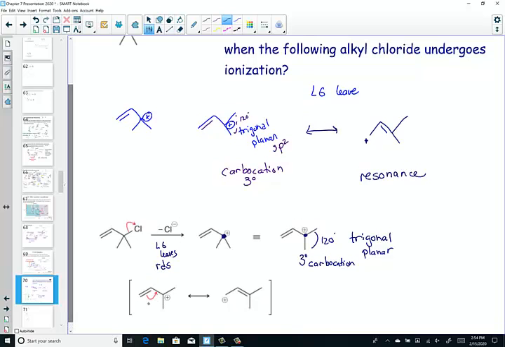But we also mentioned that because this positive charge can be distributed across a pi bond, it exhibits resonance. It meets the criteria of resonance structures as well. The pi bond can be delocalized, moving the positive charge to the terminal carbon and placing the pi bond between carbon 2 and 3. Resonance stabilized. Both of these conditions very much promote unimolecular reactions.